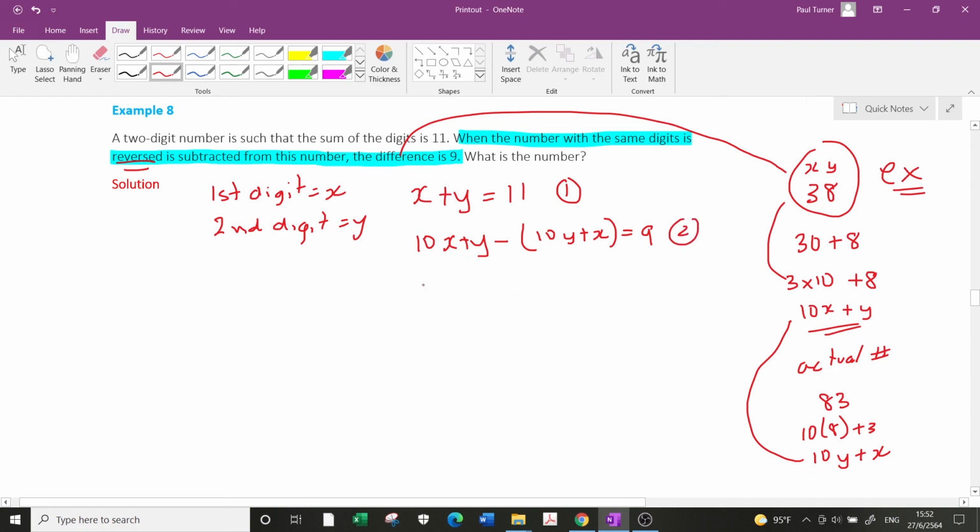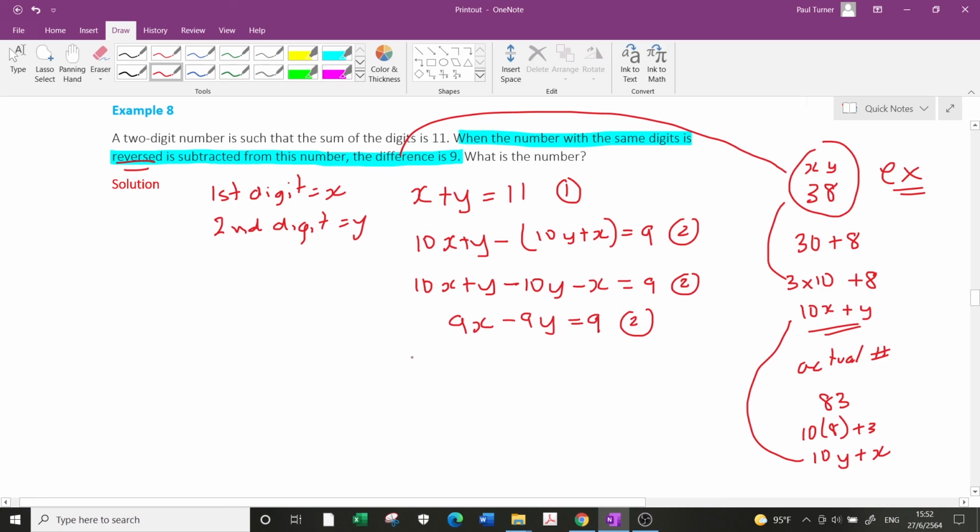So we should simplify this. 10x plus y minus 10y minus x equals 9. So 10x minus x is 9x. Minus 10y plus y, minus 9y, equals 9. So this is equation 2 here.